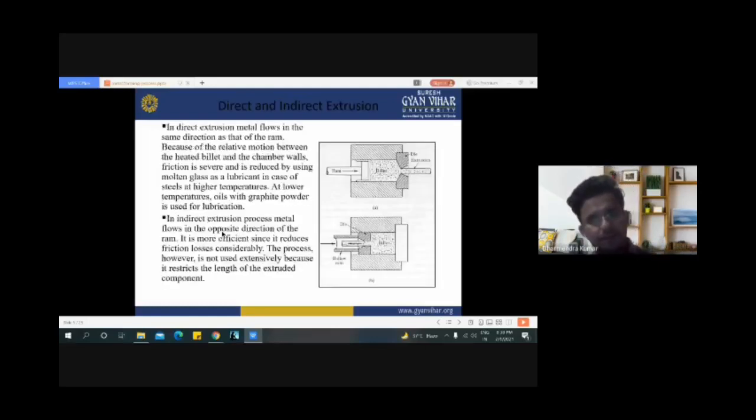Here, from the diagram, we can better understand. This is the ram. This is the billet, meaning the viscous material, and this is the overall configuration of extrusion process. Now here is the placement of the die, and the outer diameter of the workpiece depends only on the die placed here.